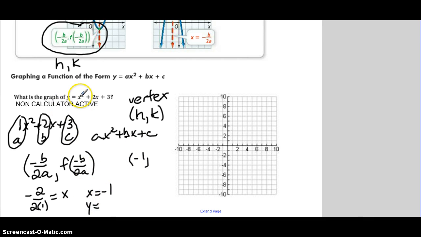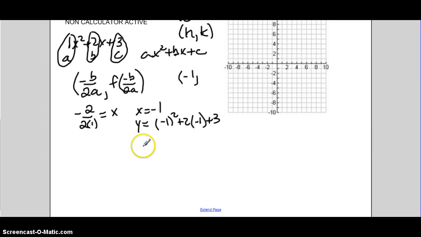So I'm going to plug this back into the function. Simplify. Let me make that a little bit more clear.